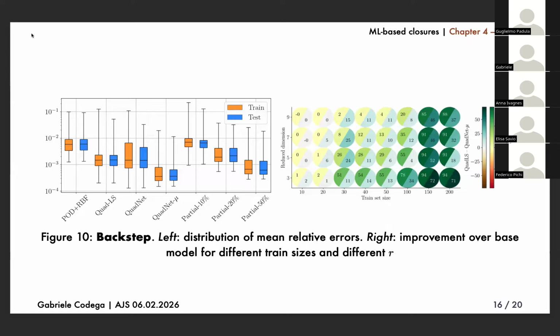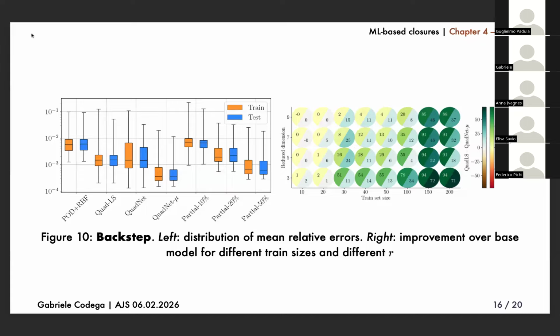So for instance, in this case, if you have 10 training snapshots and 9 POD modes, you are almost saturating your POD energy. So when you compute the difference between the linear approximation of POD and the original snapshots, you have very, very little information left because you're almost using the maximum amount of data you actually have available, right?